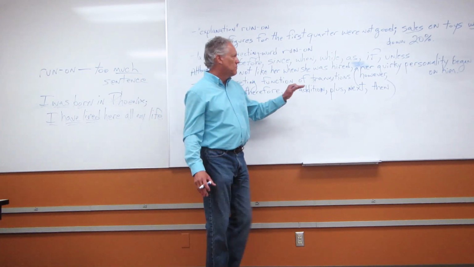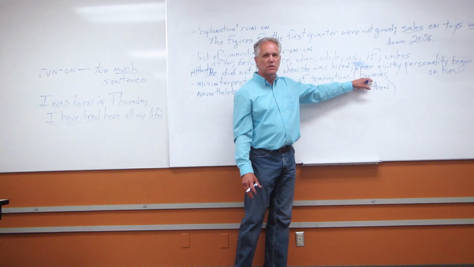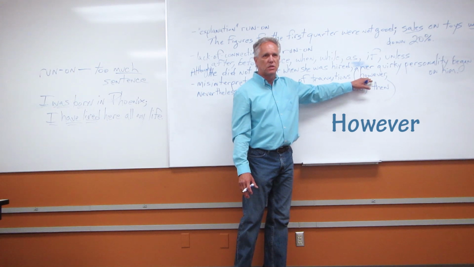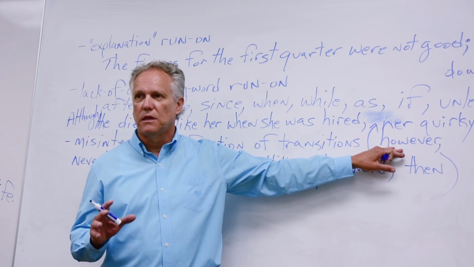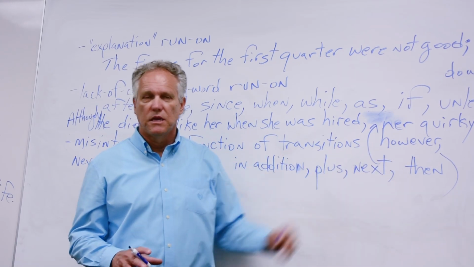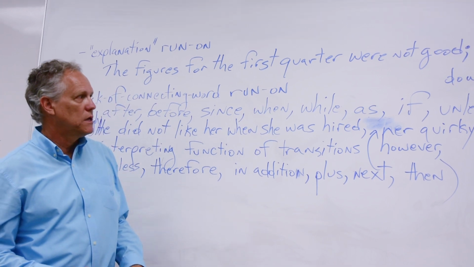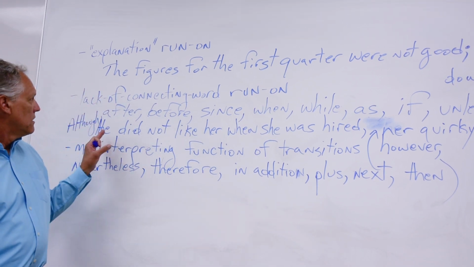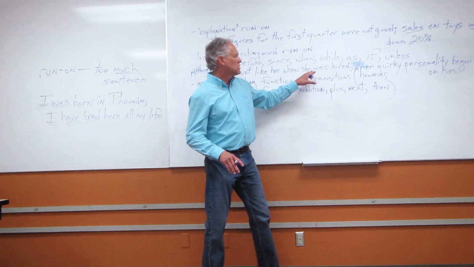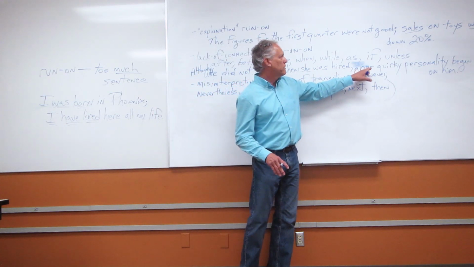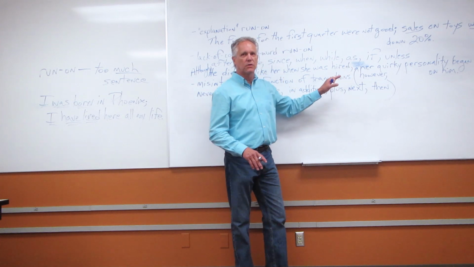The one that I see most frequently misused is however. Students think that it's the same thing as but. It is the same thing as but in the meaning of it. It does not do the same thing as but in the function of it. In my previous example, he did not like her when she was hired, comma, however, her quirky personality began to grow on him.